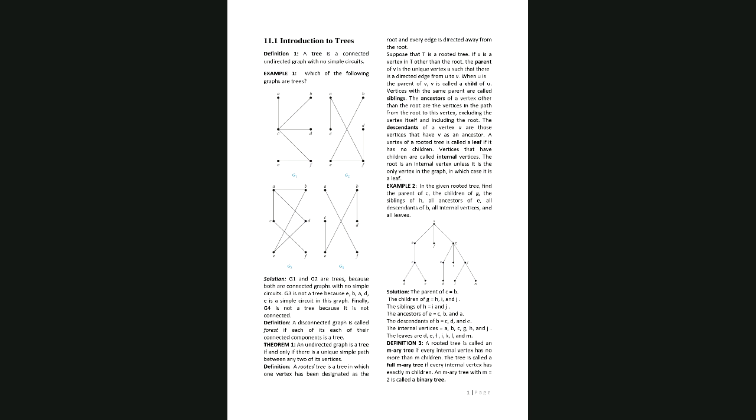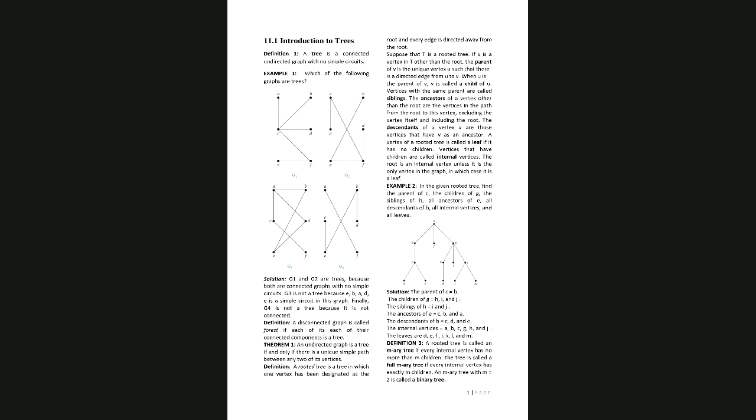Now there are some definitions here: parent, children, siblings, ancestors, descendants, leaves, and internal vertices. What is the parent? Parent means father. Child means son.